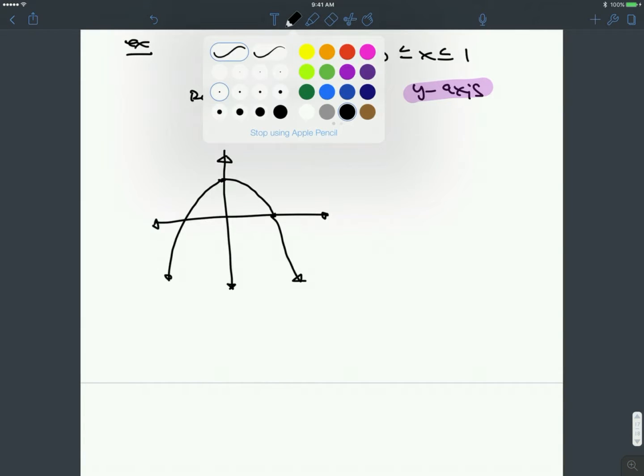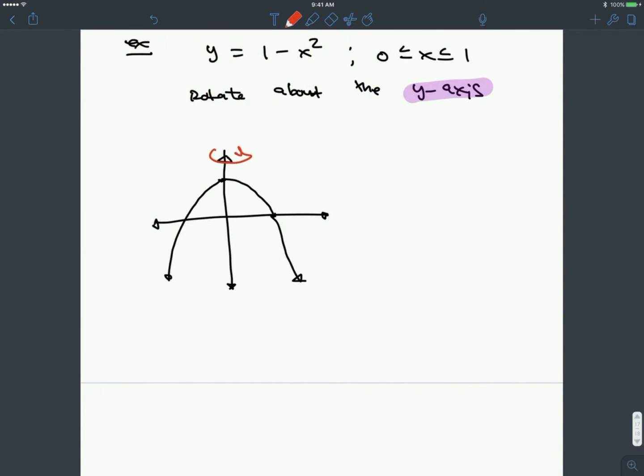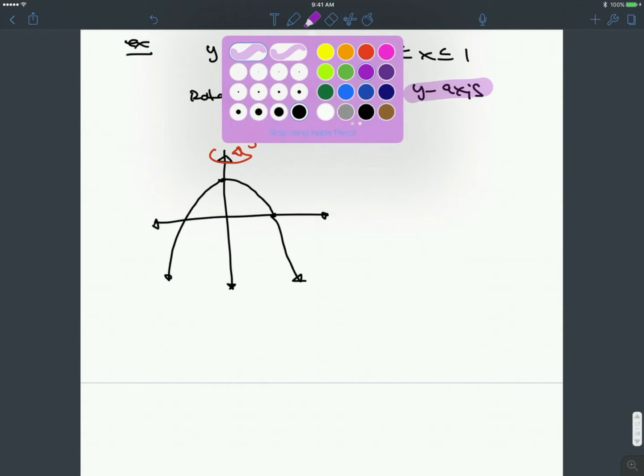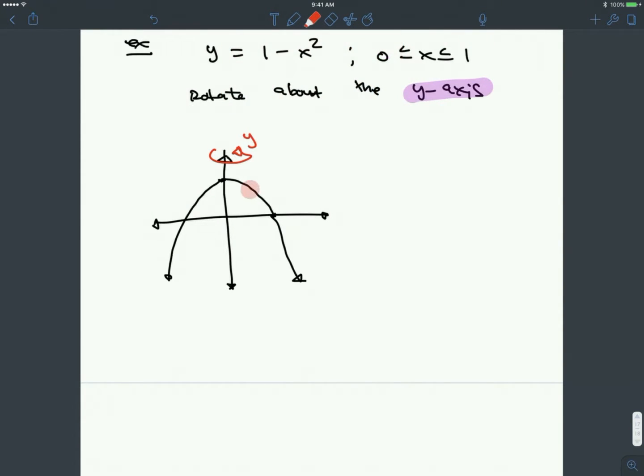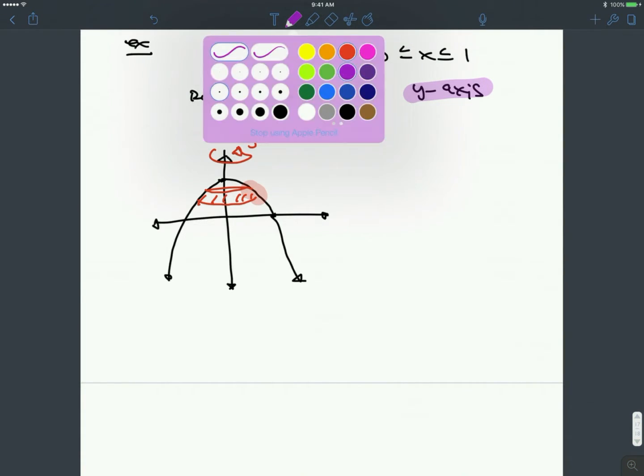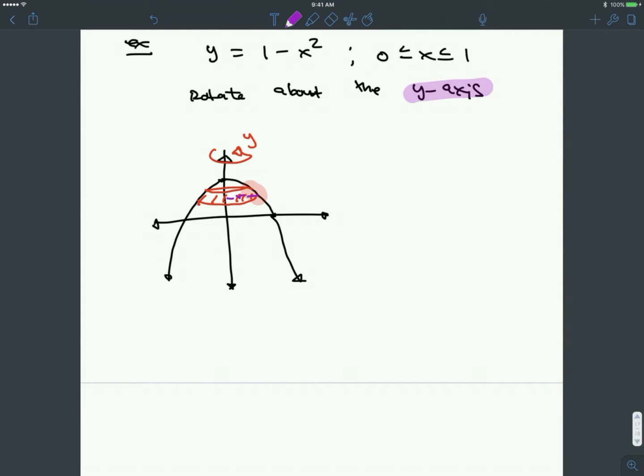So we're going to rotate this curve about the y-axis. Again, we have a little strip, and we get this rubber band. My r here, again, is an x value.